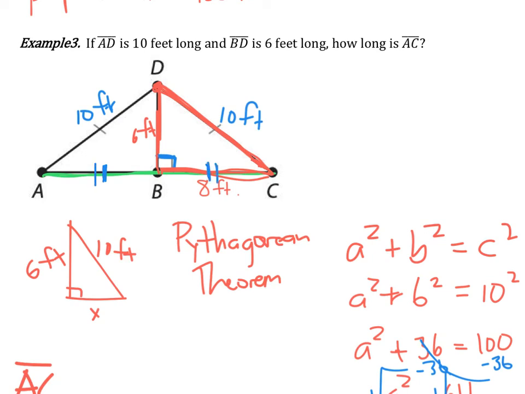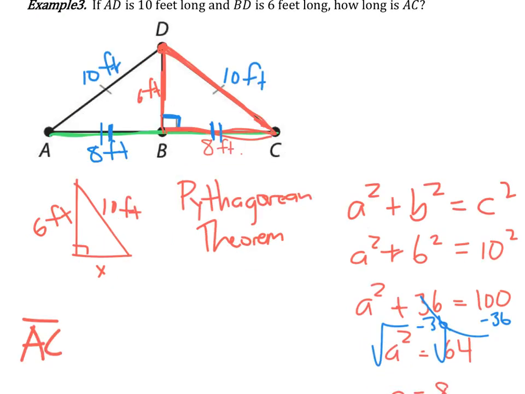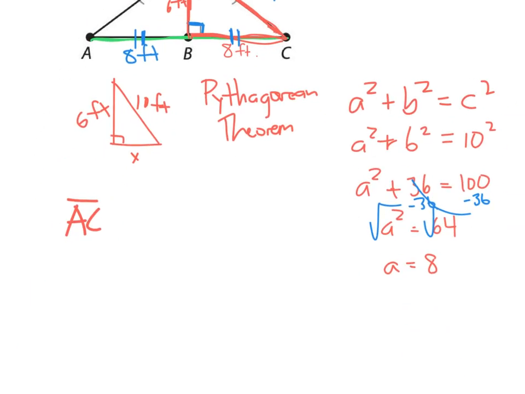If we don't know that those two are the same, then we can't really say that. Yes, it would look like it's cut in half, but we don't know for sure. But in this case, we do. So since BC is 8 feet, AB is 8 feet, which means AC is 16 feet.